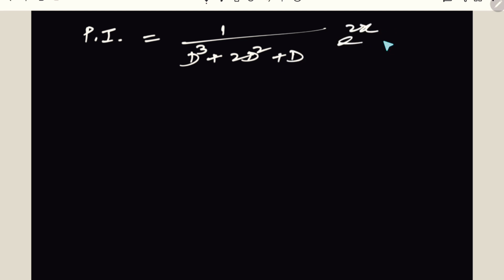PI is given by the inverse operator 1 upon D^3 + 2D^2 + D, which we have to operate on e^(2x) into x^2, and as it is we have to replace D by D + a.